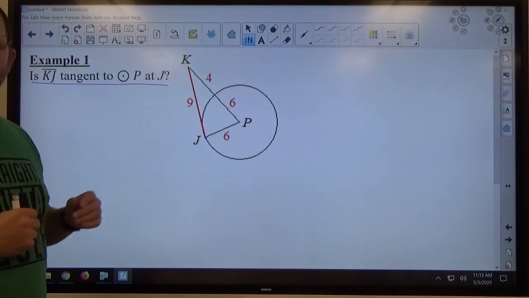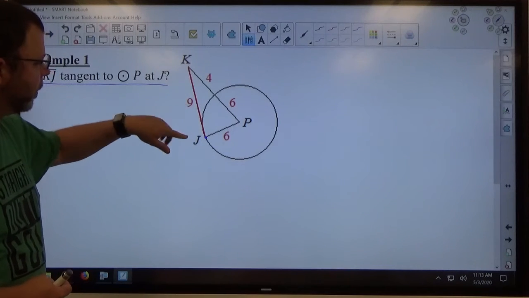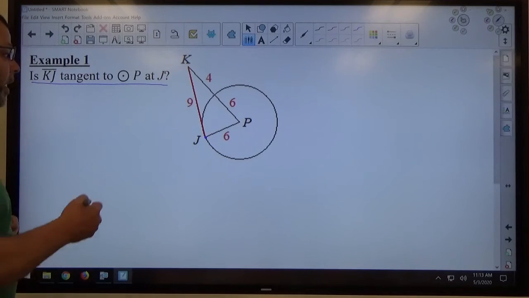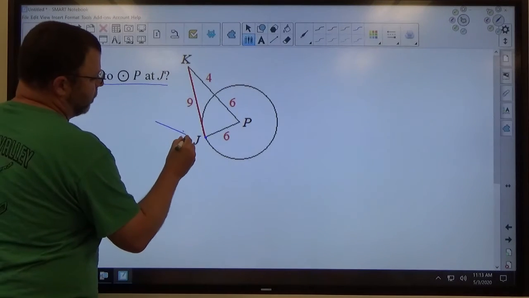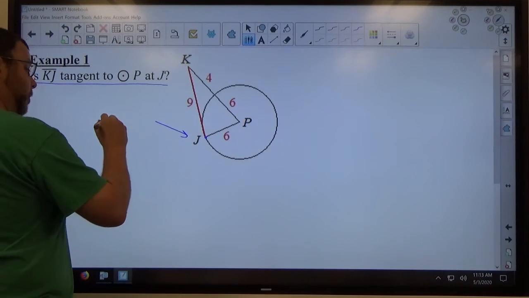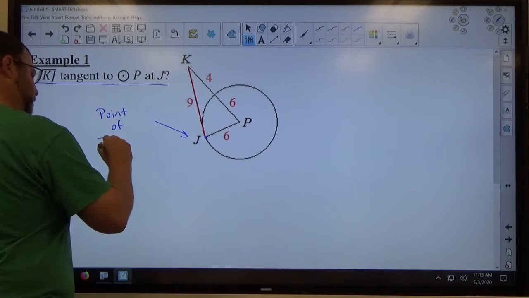Figures aren't drawn to scale, so you can't make assumptions. It kind of looks like it maybe intersects more than one spot, but we'll go with the assumption that it's possibly tangent. And again, just for vocabulary purposes, the place where it intersects the circle, if it is a tangent, would be called the point of tangency.